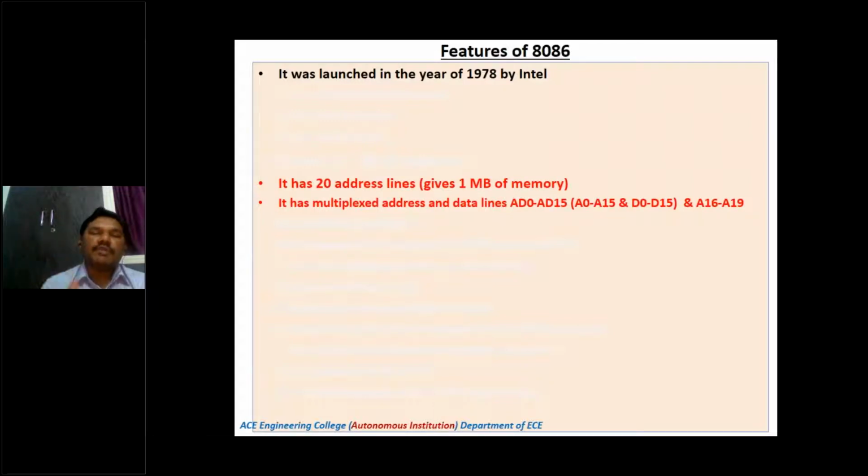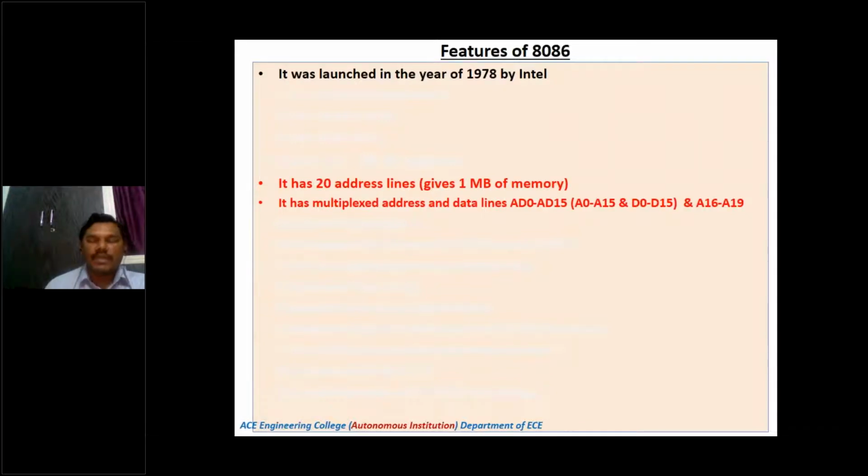Before coming to the address location of my home, you will not get your money. So at the time of address execution, data is not required, and at the time of data execution, address is not required. That's why address lines and data lines are merged, AD0 to AD15, because 16 data lines are there. Because of these address lines, we are going to calculate the memory.